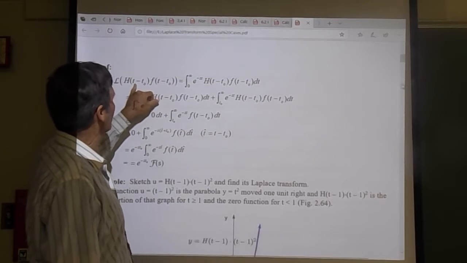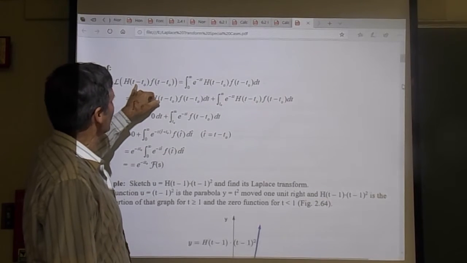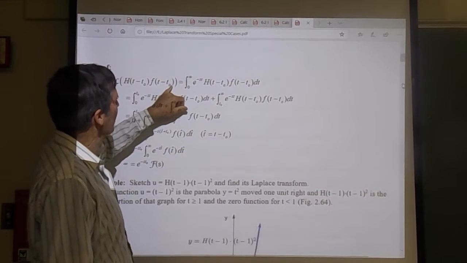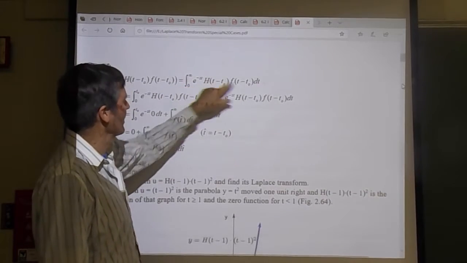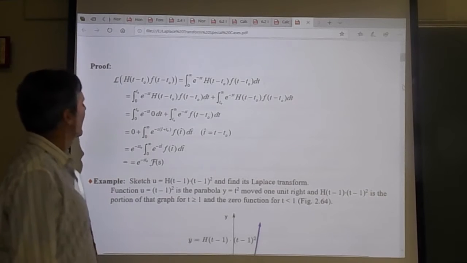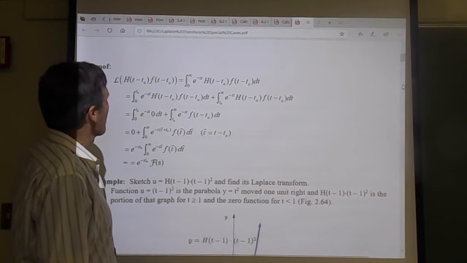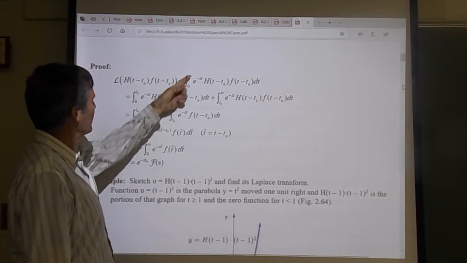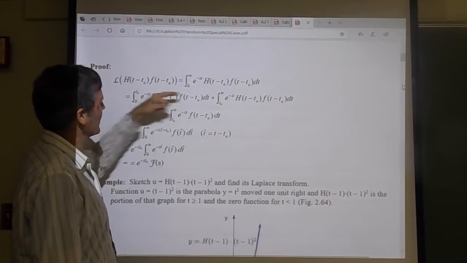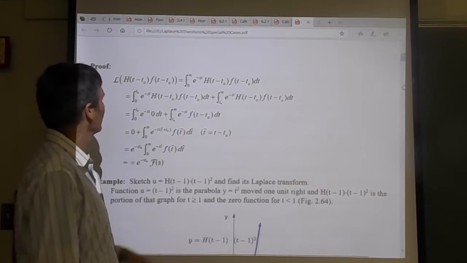Alright, the Laplace transform of the step function times f shifted is e to the minus st times that, integrated from 0 to infinity. And then this can be broken up into two parts, right? Integrate from 0 to t0 and then from t0 to infinity, the same thing.